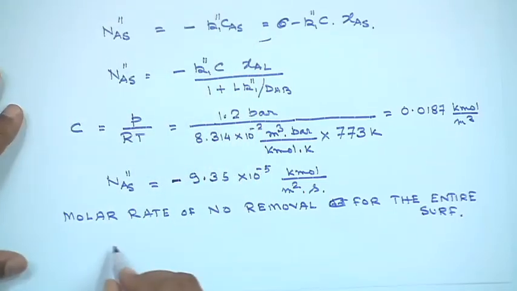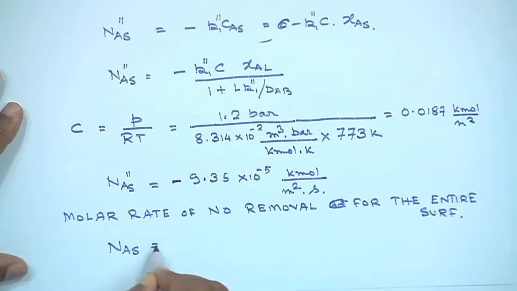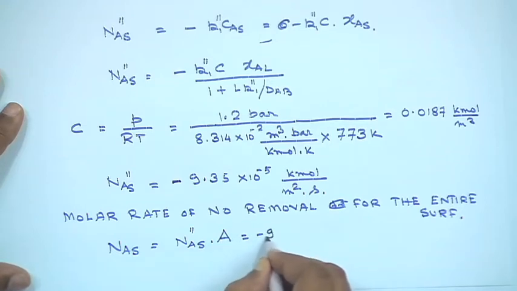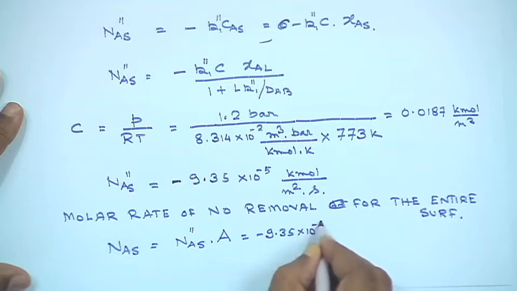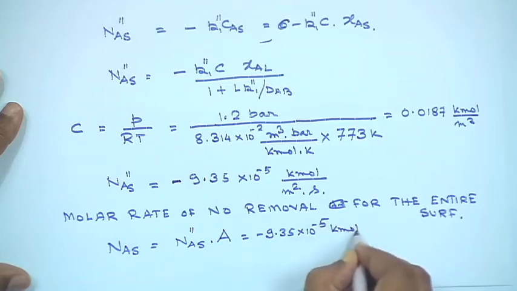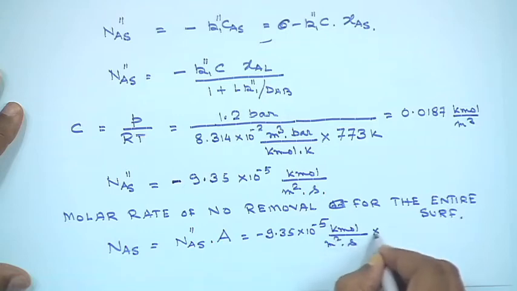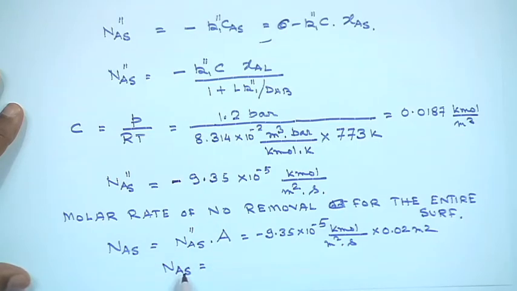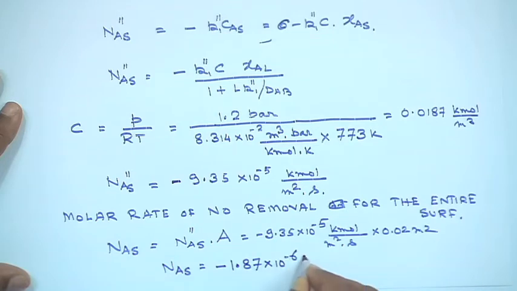So, the total amount, which we denote as N_AS, would equal N_A double prime, the flux, multiplied by the area, which would be minus 9.35 into 10 to the power minus 5 kilomole per meter square times second, into 0.02 meter square. So, your N_AS, the flux of NO, which is also equal to the rate of conversion of NO to NO2, would turn out to be 1.87 into 10 to the power minus 6 kilomole per second.